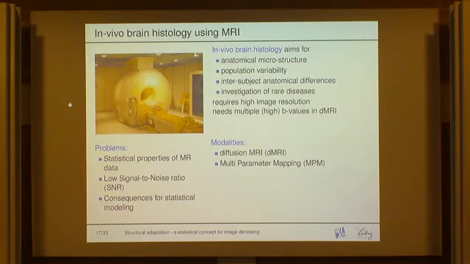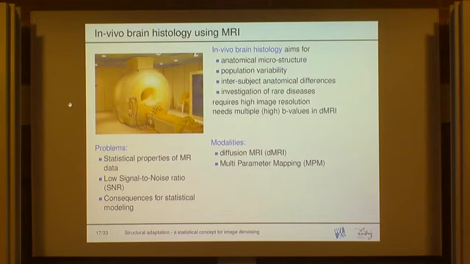This all requires high image resolution, and in case of diffusion MR also requires multiple high b values, and both lead to very bad SNR in the image.